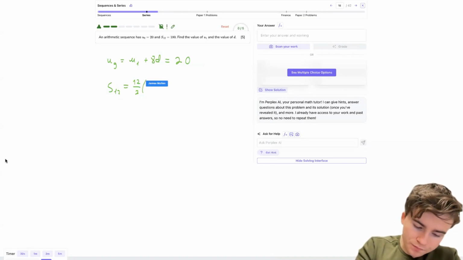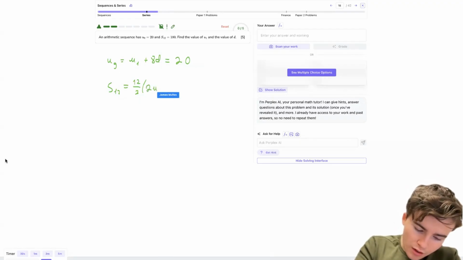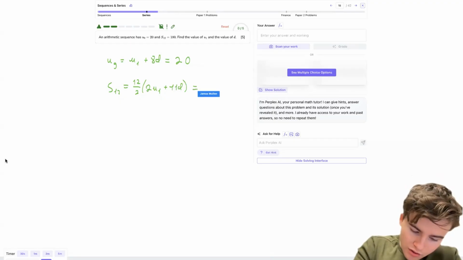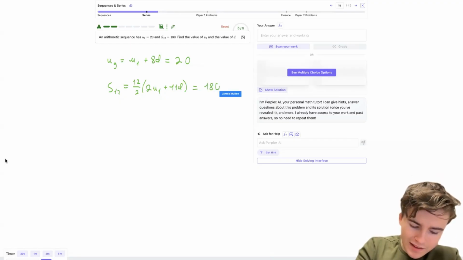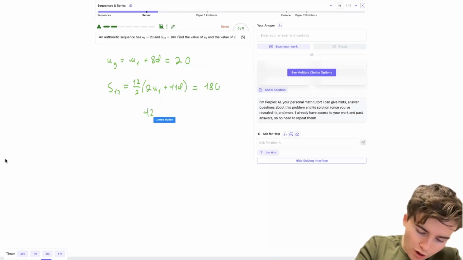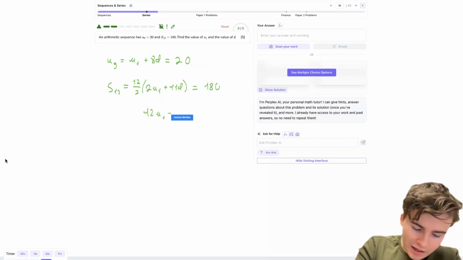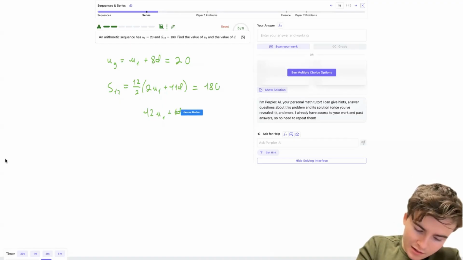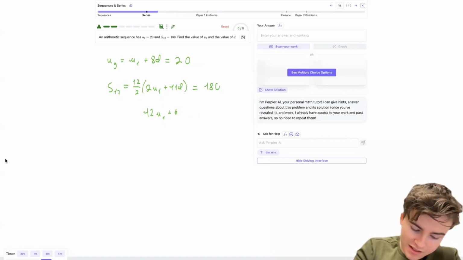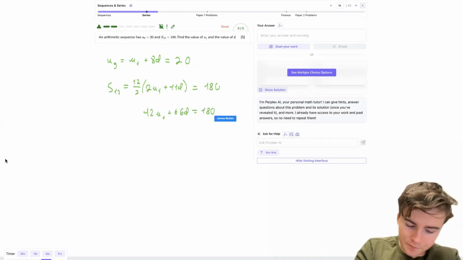So 12 over 2 times (2u1 plus 11d), and that's equal to 180. If I expand this, I'm going to get 6 for 12 over 2, 6 times 2, 12u1. And then 6 times 11 is plus 66d. That's 12u1 plus 66d is equal to 180.